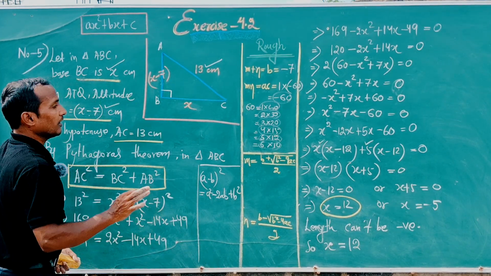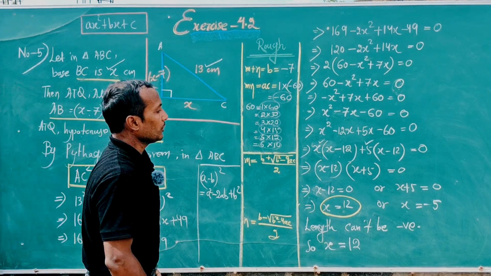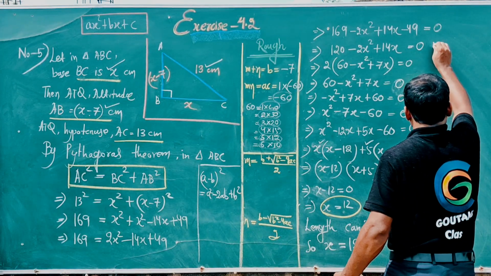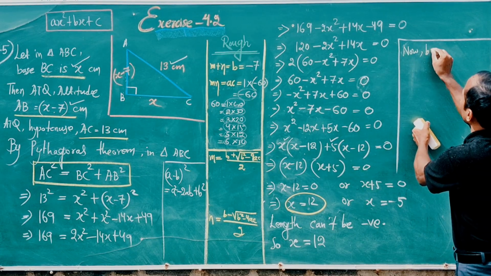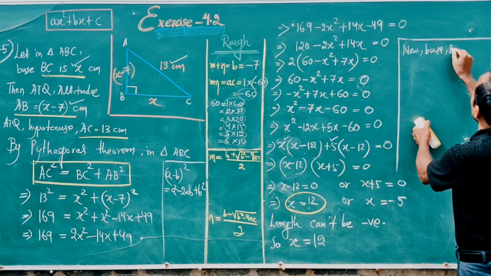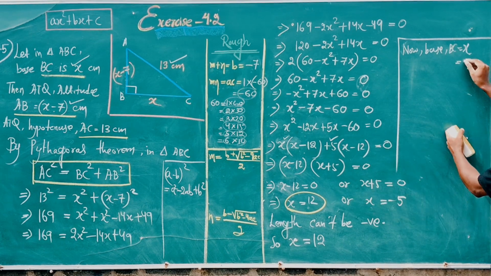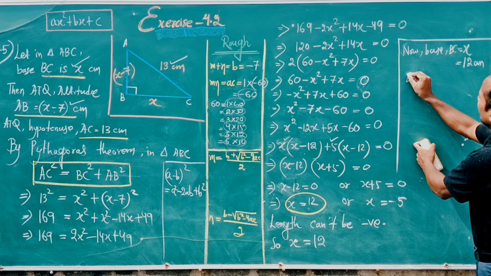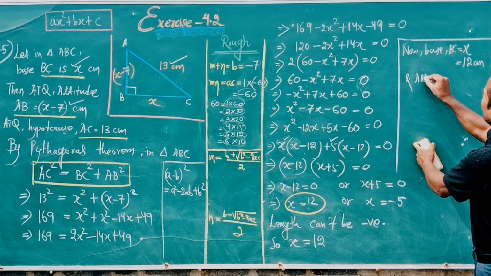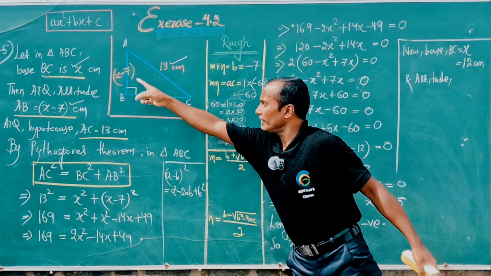Now the question was asking to find the other two sides. So we will mention in our answer that the other two sides are, so now we have base BC is equal to x, that means how many centimeters? 12 centimeter, and altitude was AB.